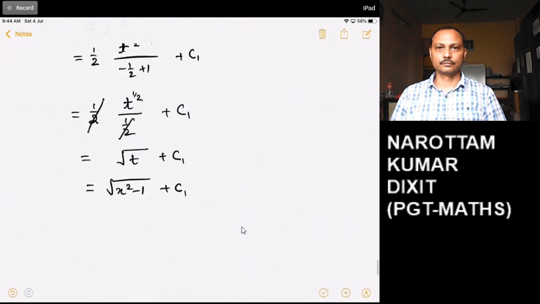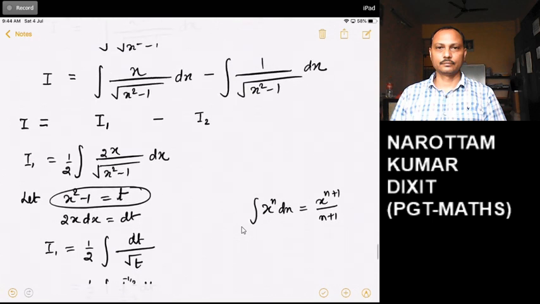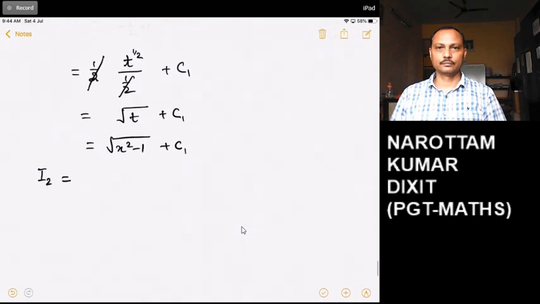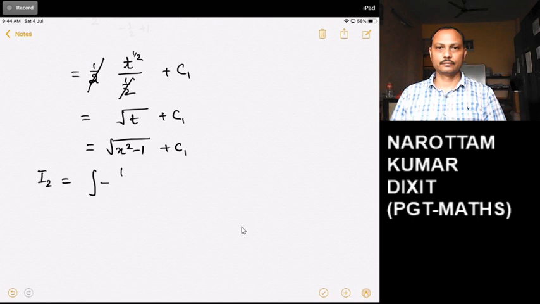Now we will find the value of I2. I2 is equals to integration of 1 upon under root x square minus 1. Here we can use the formula, integration of 1 upon under root x square minus a square.